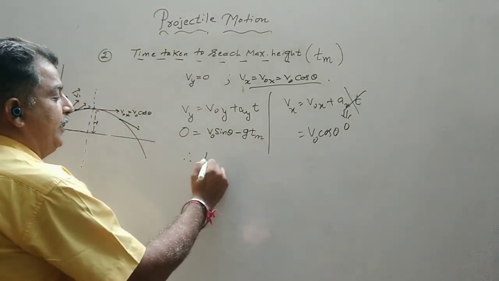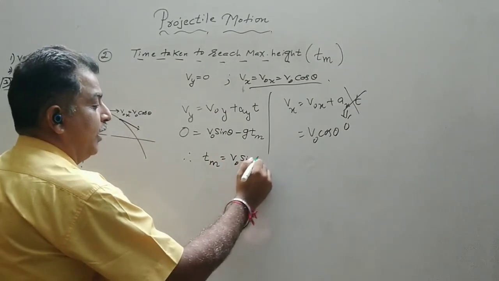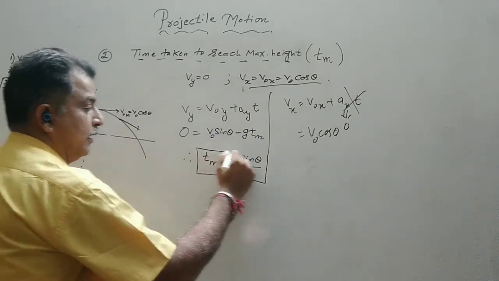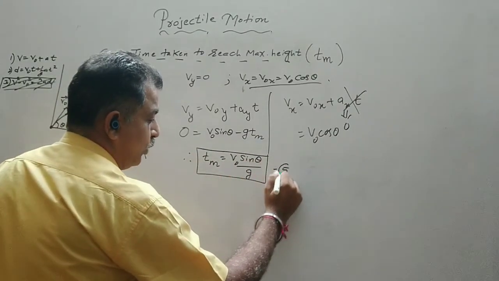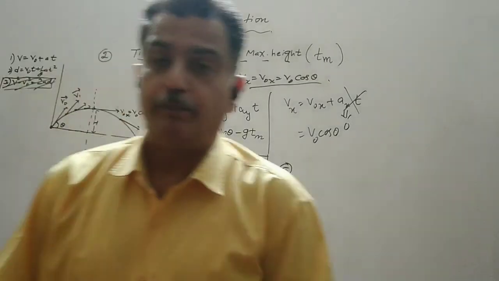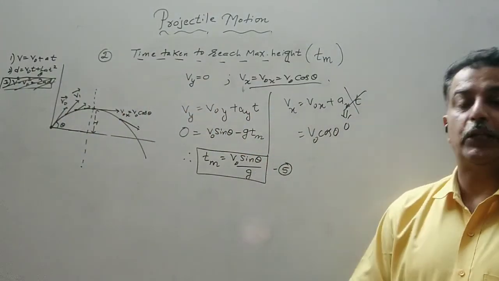Therefore, Tm can be written as V naught sine theta divided by g. So this is our next equation, equation number 5, where Tm is the time taken by a projectile to reach the maximum height. You have to remember this equation.